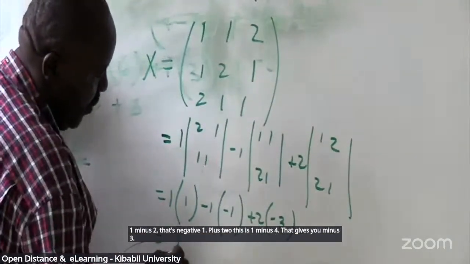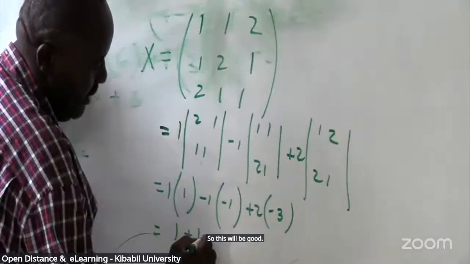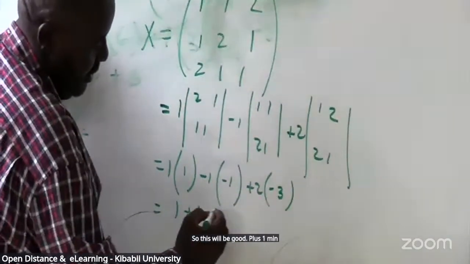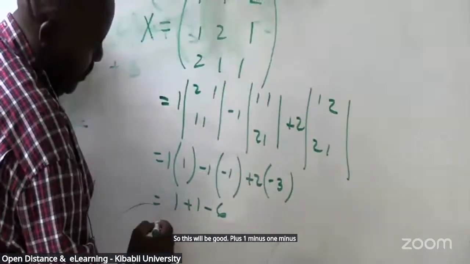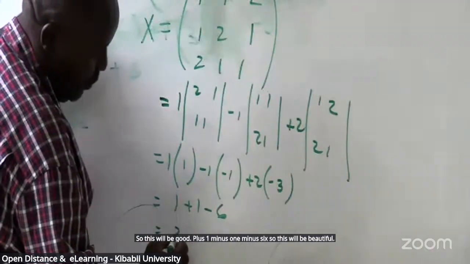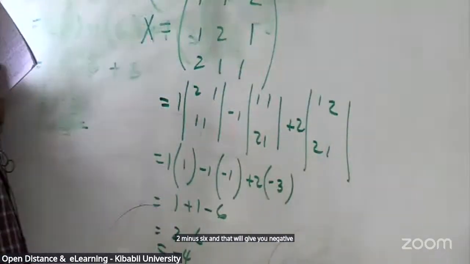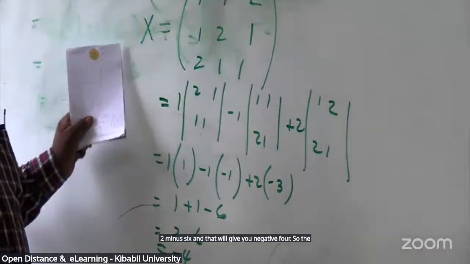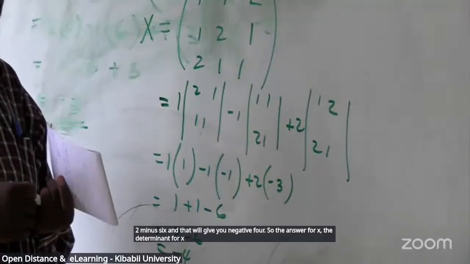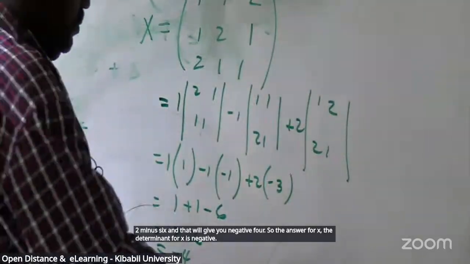So this will be equal to 1 plus 1 minus 6. So this will be equal to 2 minus 6, and that will be equal to -4. So the determinant for X is -4.